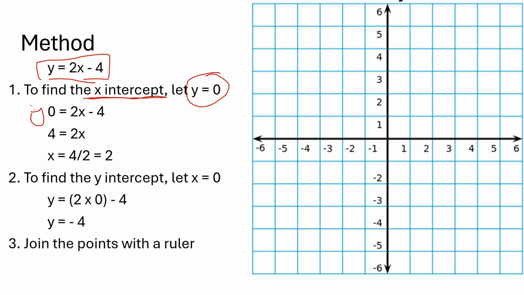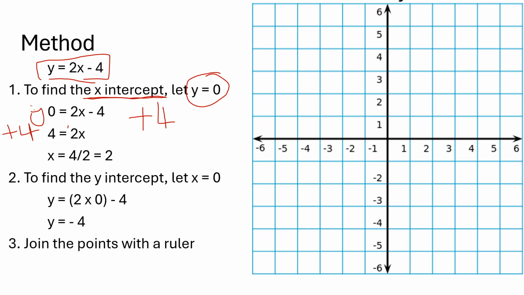So 0 equals 2x minus 4. We have to rearrange that now. So we are going to add 4 to each side, so that now we have 4 equals 2x.